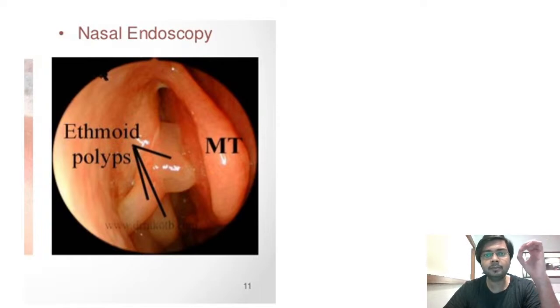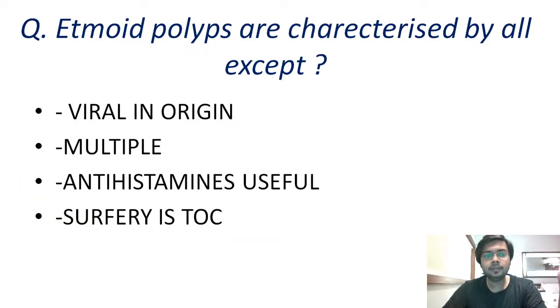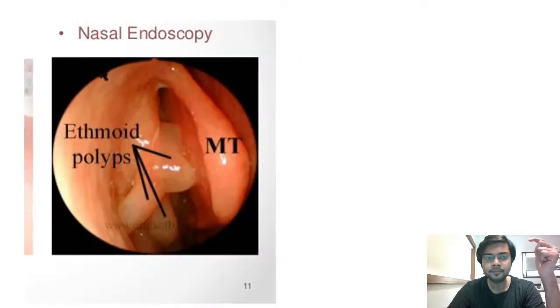The final treatment, the treatment of choice, is functional endoscopic sinus surgery. Let us go to our options again. Multiple, yes. Antihistaminics useful, yes. Surgery is treatment of choice, yes. Viral in origin, no. These are basically allergic in origin.